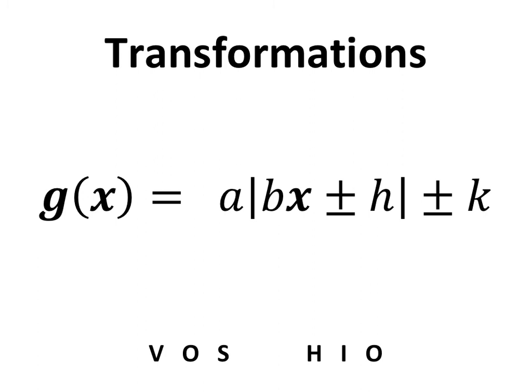Now there's a transformation that can occur right here. If this little blank spot has a negative sign in it, that right there is going to cause a reflection in the x-axis. So when you look at an equation, you just look at the very front. If it's negative, it's reflected.